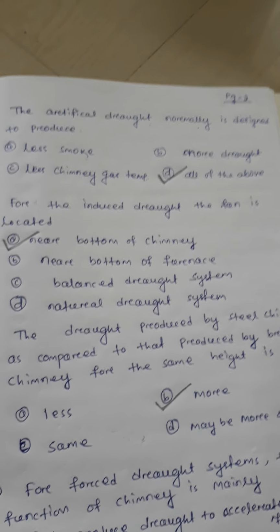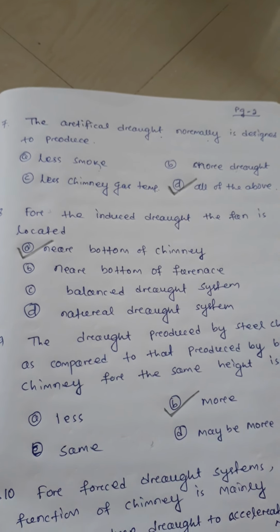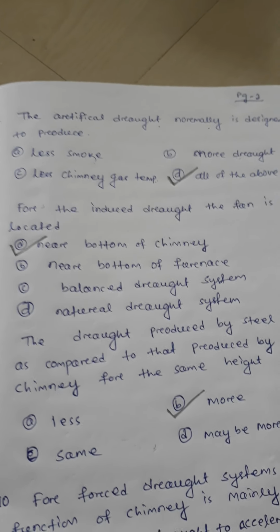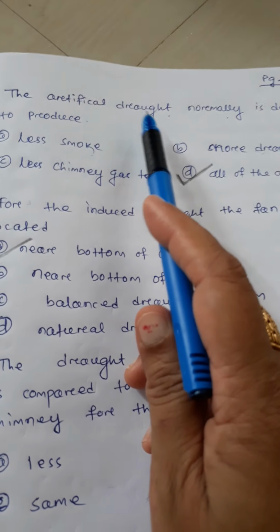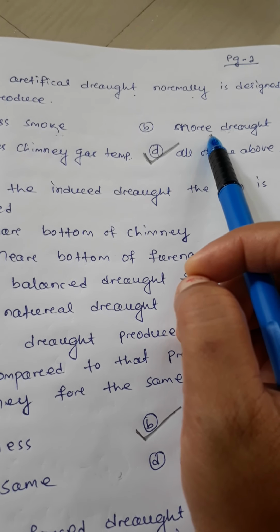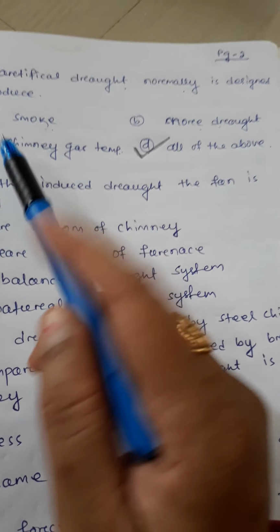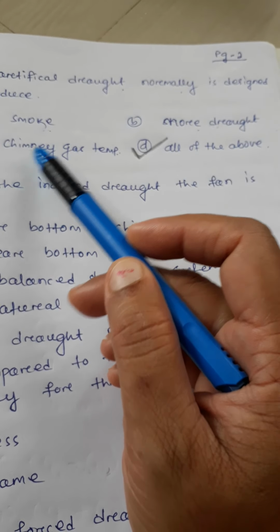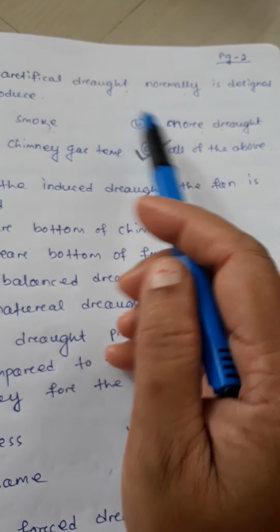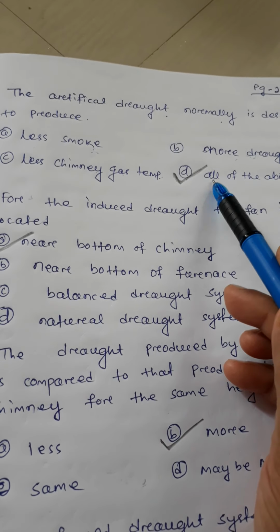You cannot construct a much higher chimney for producing this draught. So we use artificial means to provide the draught. By means of artificial draught we have less smoke, we get more draught, and less chimney gas temperature. The temperature acquired by the gas in the chimney is lower. We have all these three benefits in artificial draught. So the answer is all of the above.